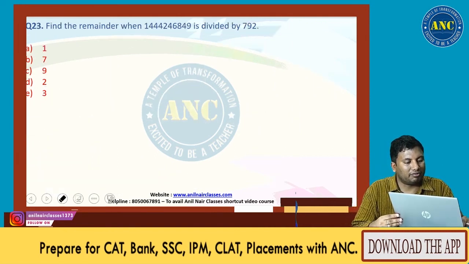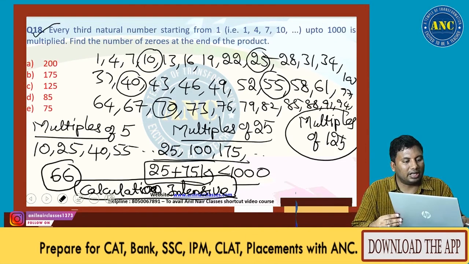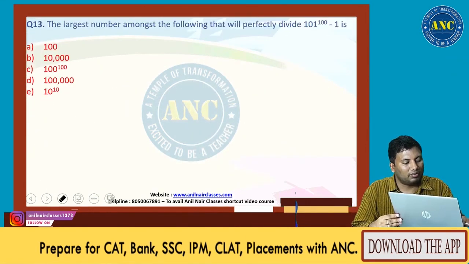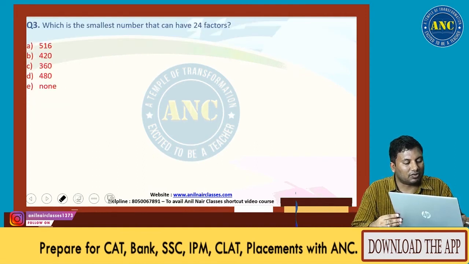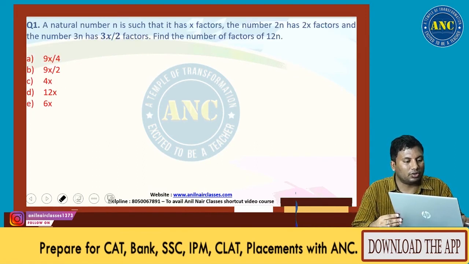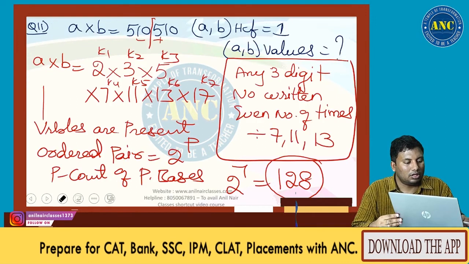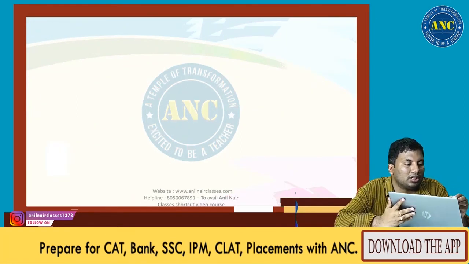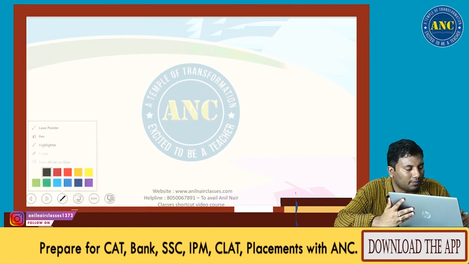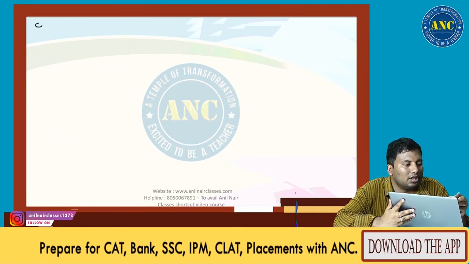Question number 24 is over, 23, 21, all these are over. Now we will do the first question which I did not solve, but for that one I need to give an introduction to you. Introduction. Now see, take a number, there is a number 2n. 2n has 20 factors.